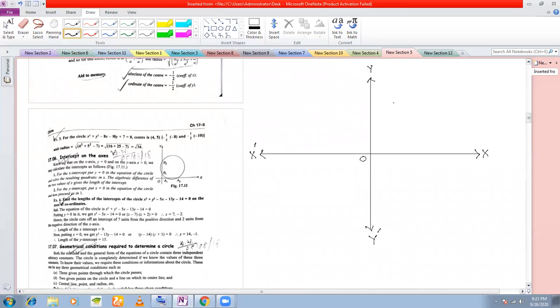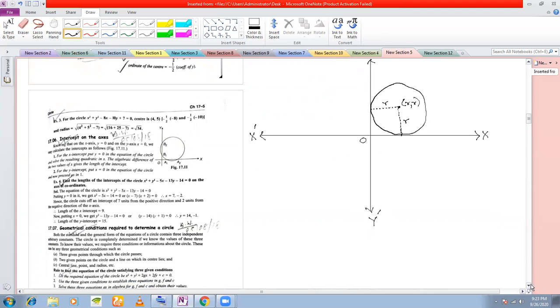So you have a circle which touches the y axis and it also touches the x axis. And say the radius of this circle is r. So this is also r. Then what should be the center of this circle? R comma r. So what should be the equation of this circle?